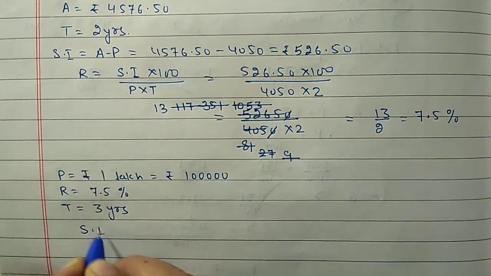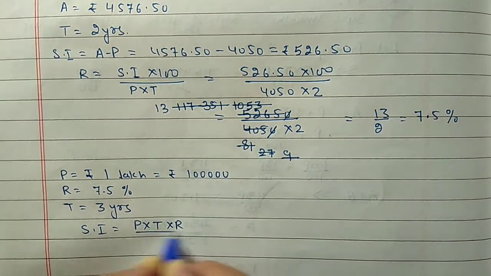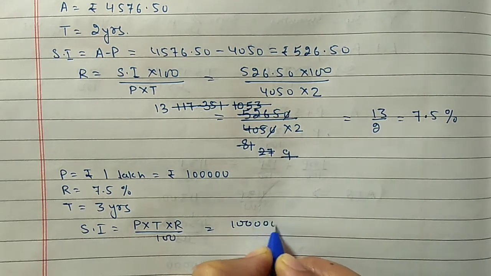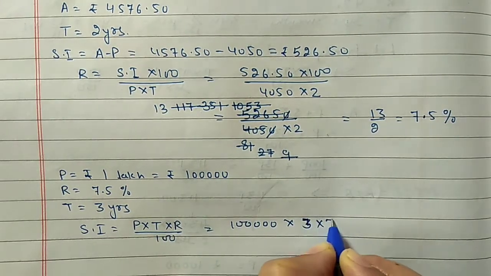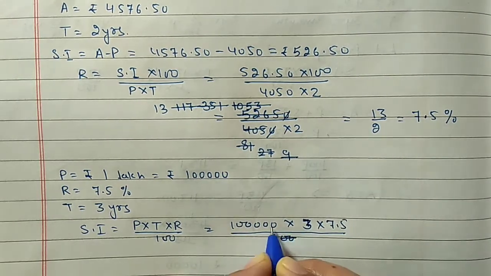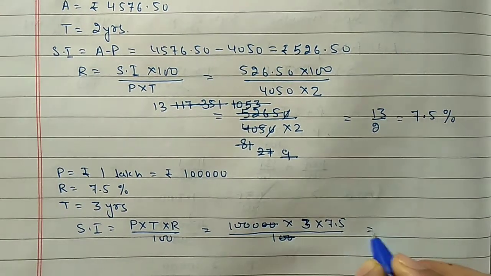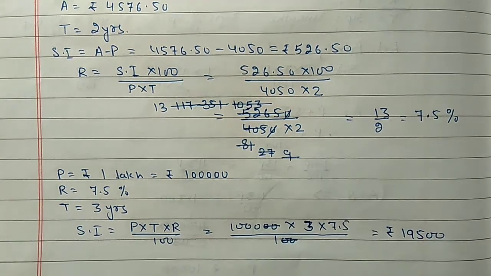Simple interest is PTR by 100, P into T into R by 100. Substitute the values. 1 lakh into 3 into 7.5 divided by 100. So 2 zeros cancel out and multiply, you will get 22,500 rupees. This is the simple interest.